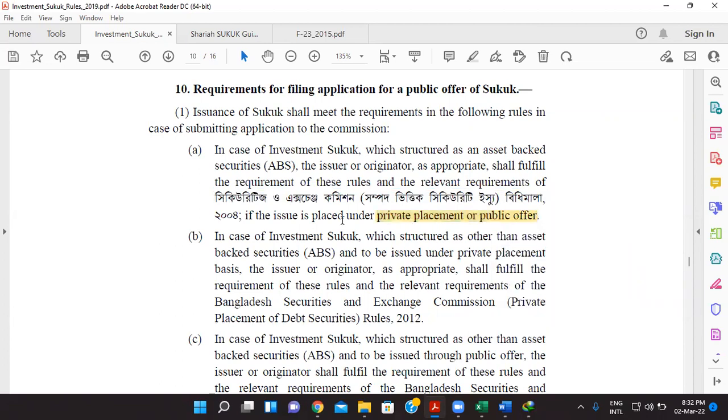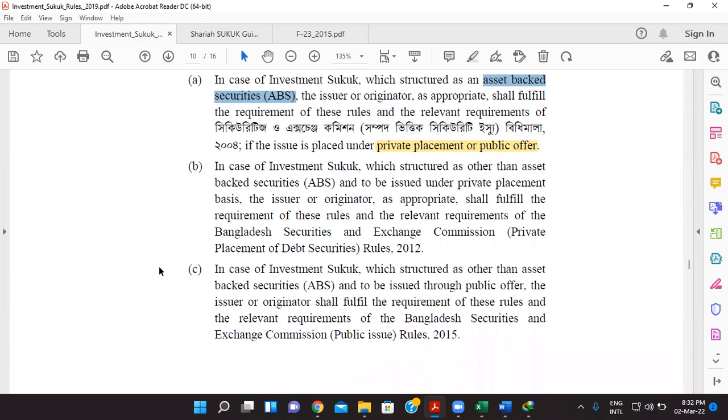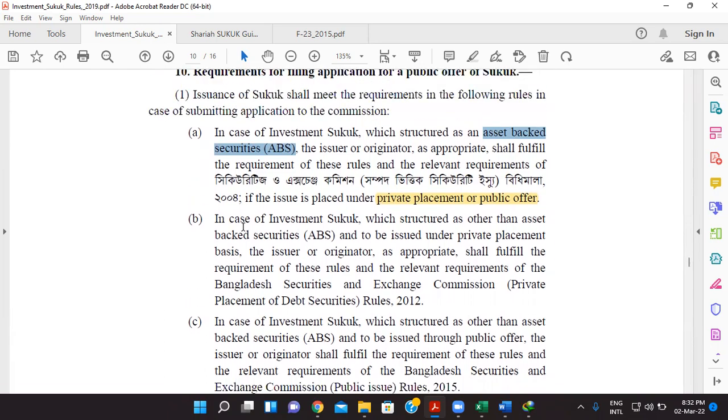So you see that, can you recall that we talked about the asset-backed security and asset-based Sukuk and asset-backed Sukuk? Can you recall that I asked you to explore this by yourself? Yes, sir. Okay. So in case of investment Sukuk, which is structured as other than asset-backed securities, if it is not asset-backed, what is the alternative? Asset-based.